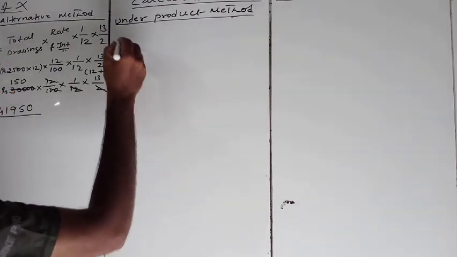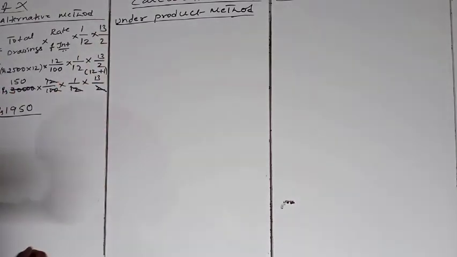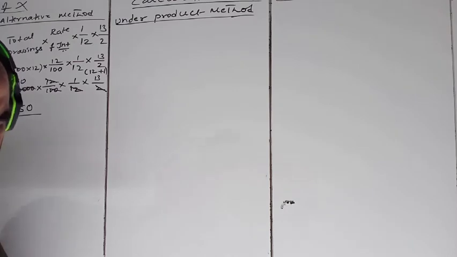It means first prepare the table with 4 columns. Everyone prepare the table, there should be 4 columns. The first column is the date, the second column is the amount, the third column is the period, and the last column is the total product.